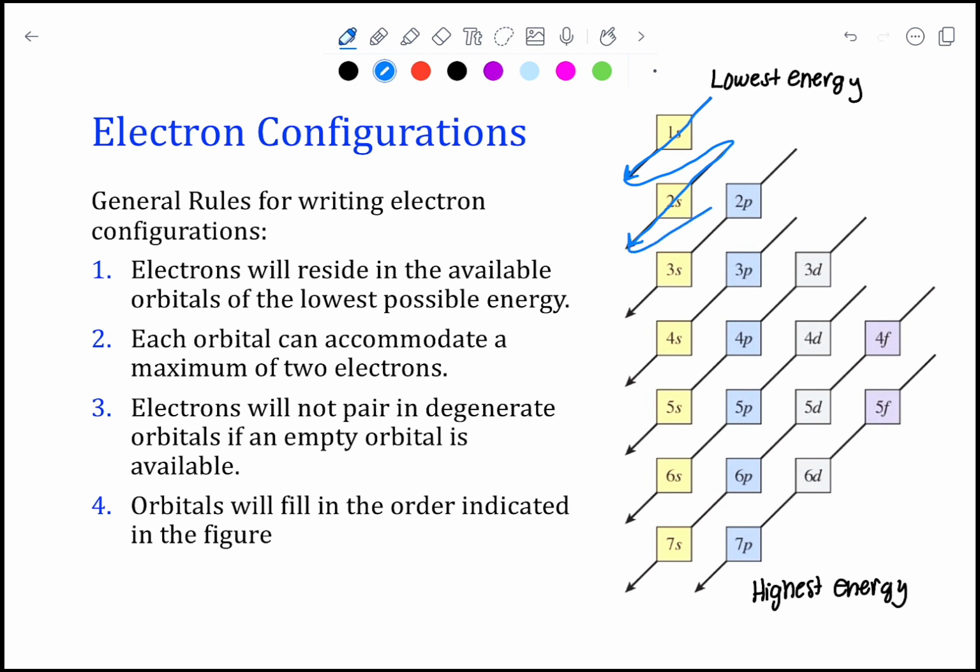Once we're done with 2s, we go to 2p, and then we go to 3s. Once we're done with 3s, we go to 3p, and so on. So you follow the arrows as you go, and they come back up once you finish one arrow. That's what they mean by follow the order indicated in the figure.